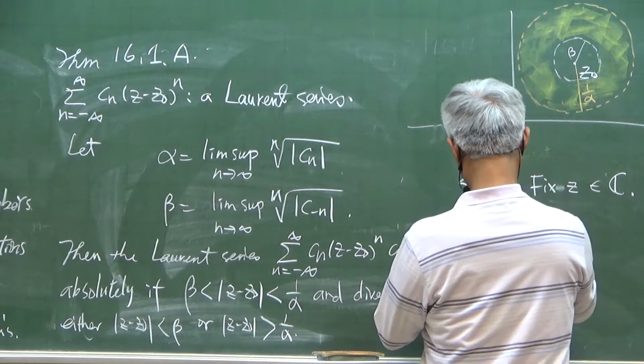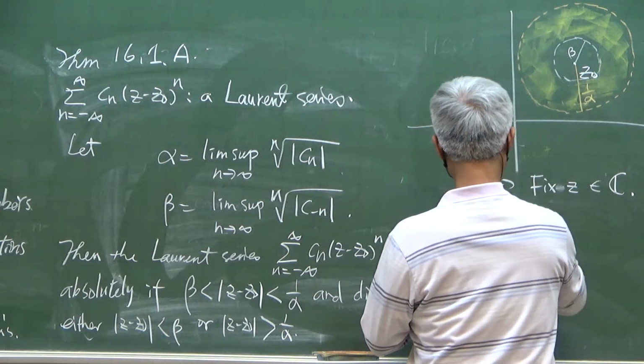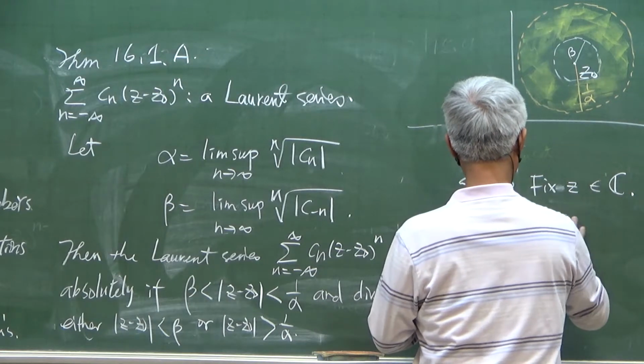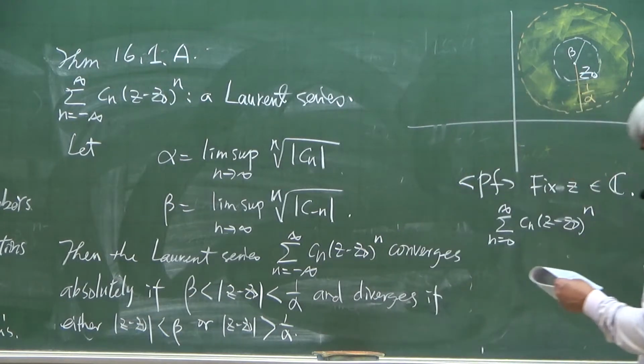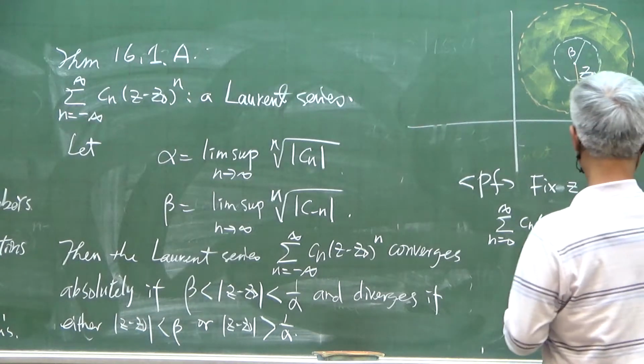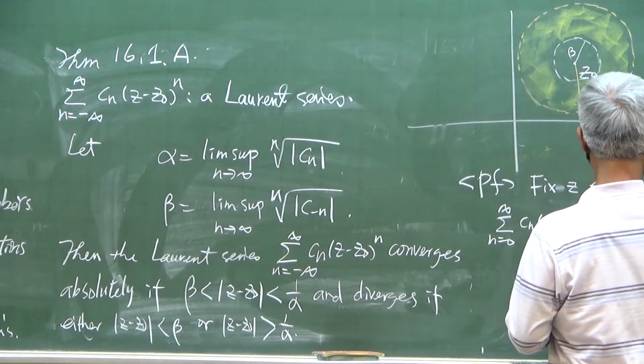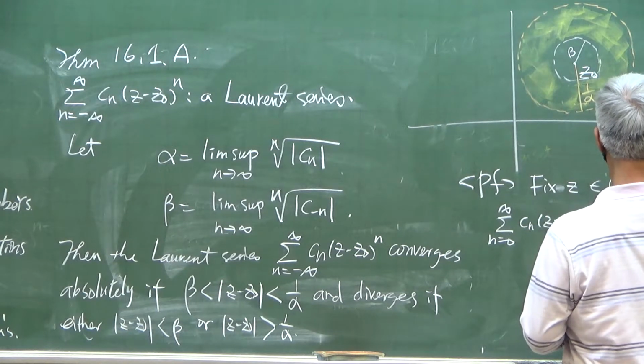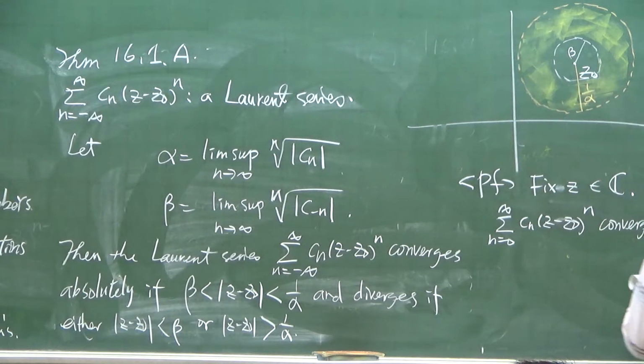So we know the sum over n from 0 to infinity of c_n (z minus z0)^n converges absolutely if the limit as n goes to infinity is less than 1, right?